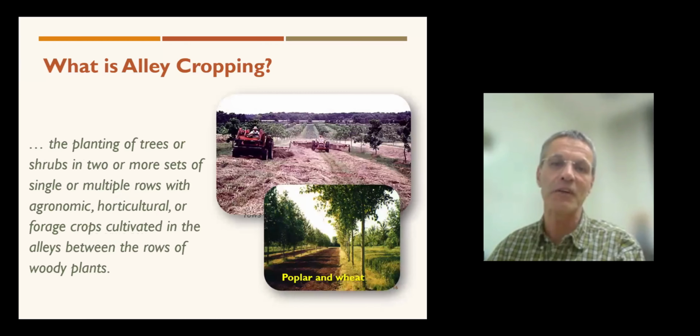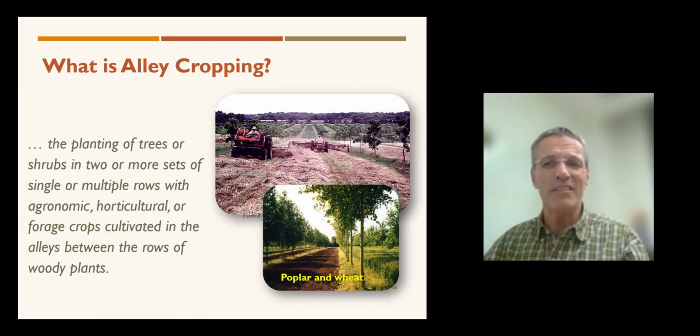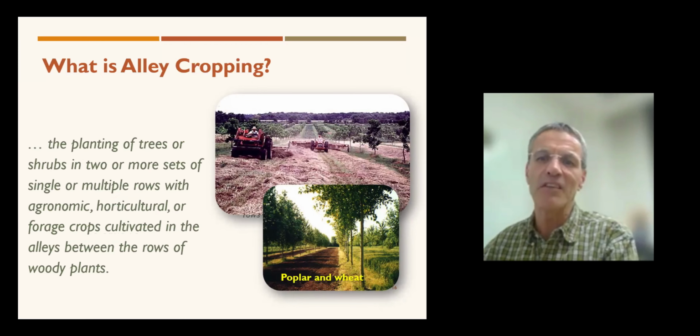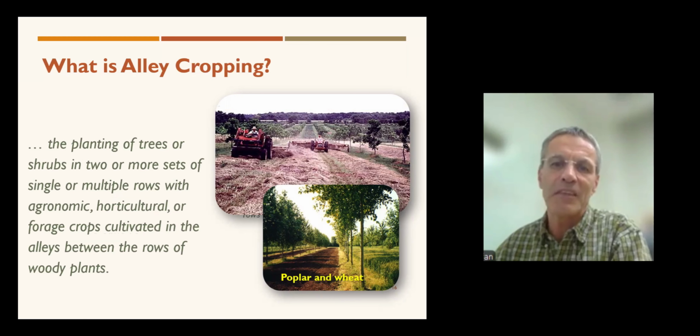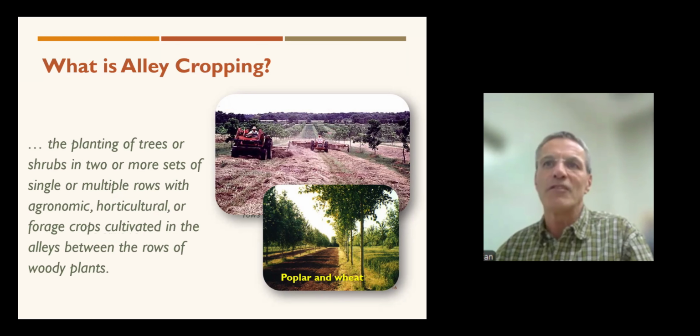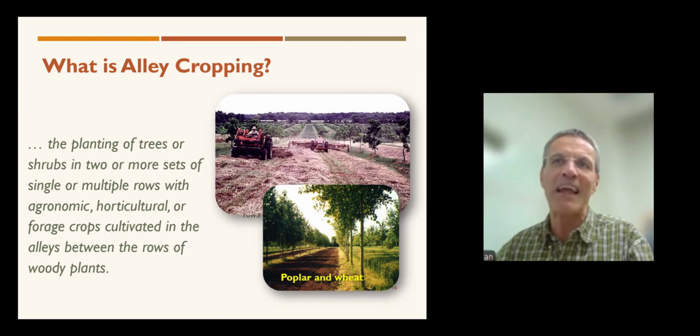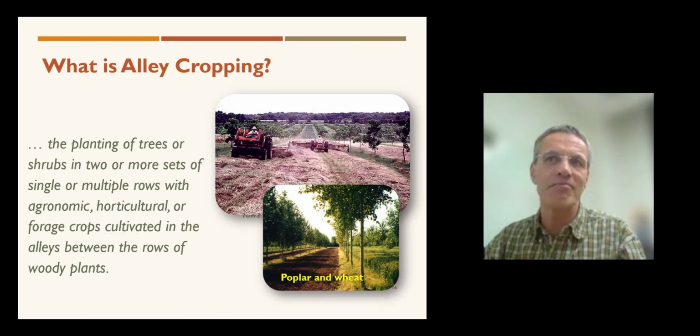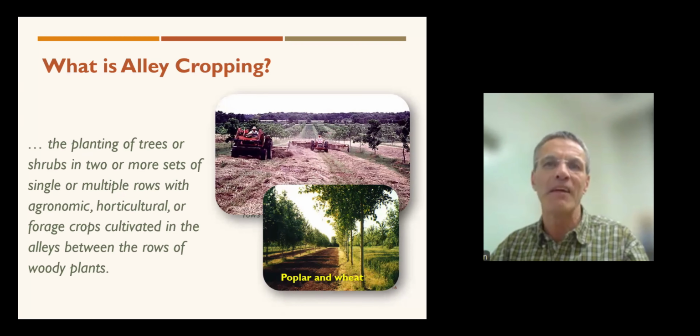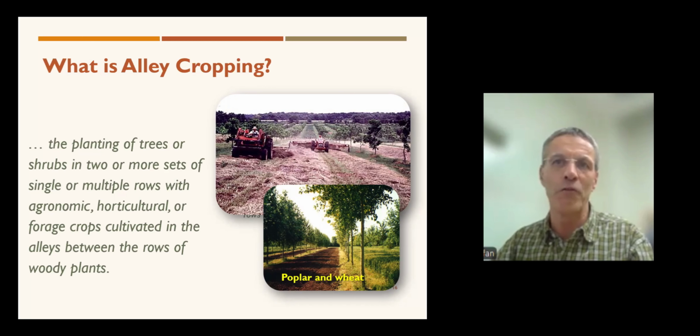When the farmer puts a system like that together, there are many different definitions used for alley cropping, but essentially it is growing trees or shrubs, so any woody plants, in either one row or multiple rows, and having agronomic or horticultural or forage crops in between these alleys of rows of woody plants.